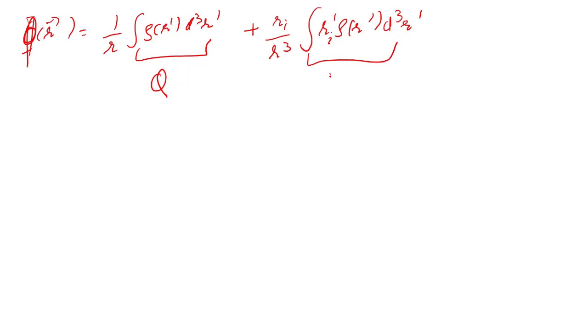This is the dipole moment, which we are going to call p. And you see that this is for each coordinate i, so I can call it pi.